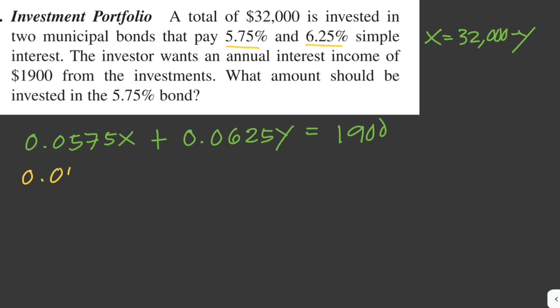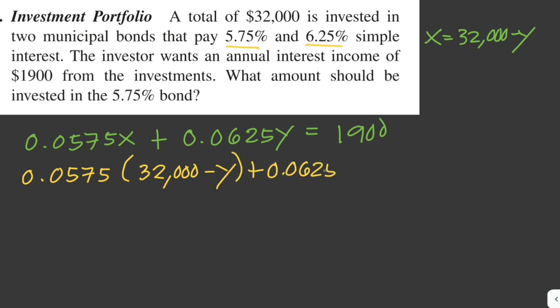So this is 0.0575 times 32,000 minus y, plus 0.0625y equals 1,900.